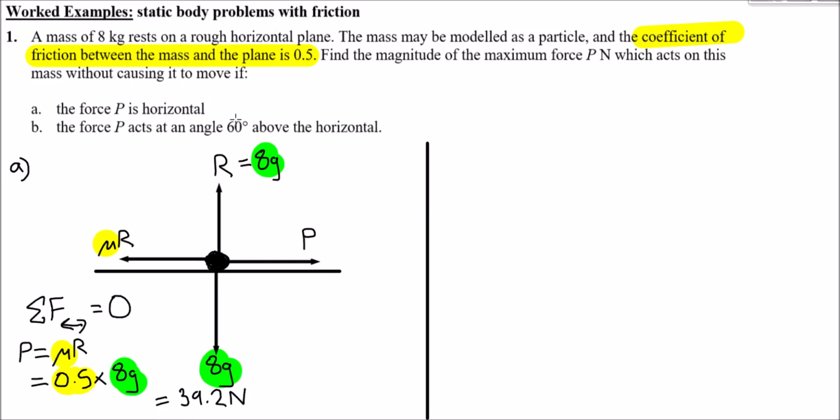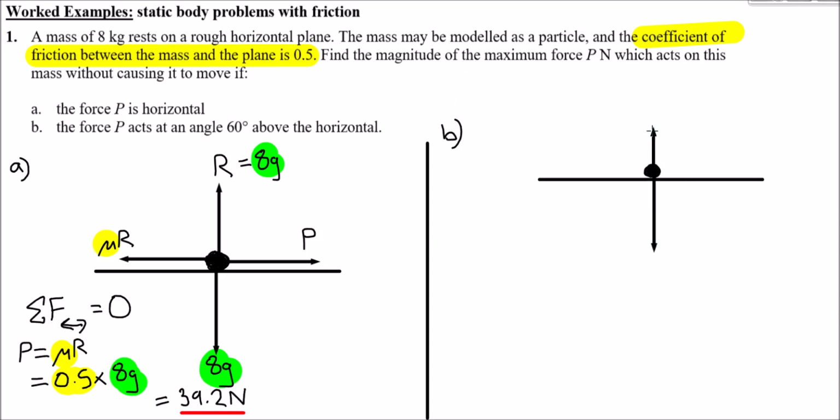So we can now think about B, which is going to be slightly harder. For B, the force is acting at an angle above the horizontal. So again, different system, so we need a different diagram. If I just sketch in the particle again here, the weight's unchanged, so the weight will still be 8g going downwards.